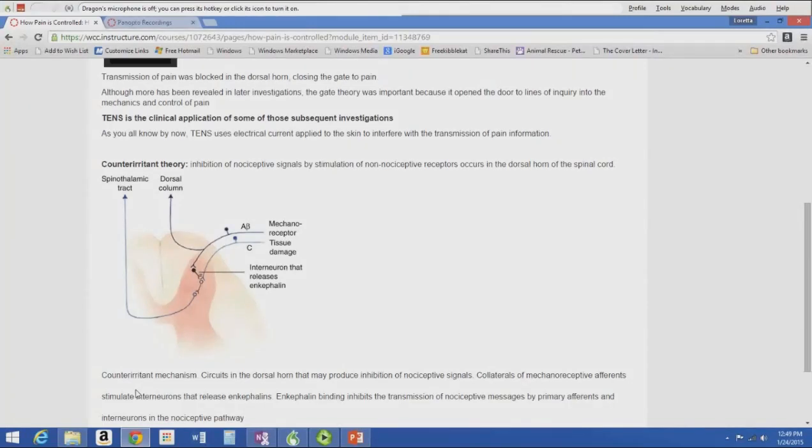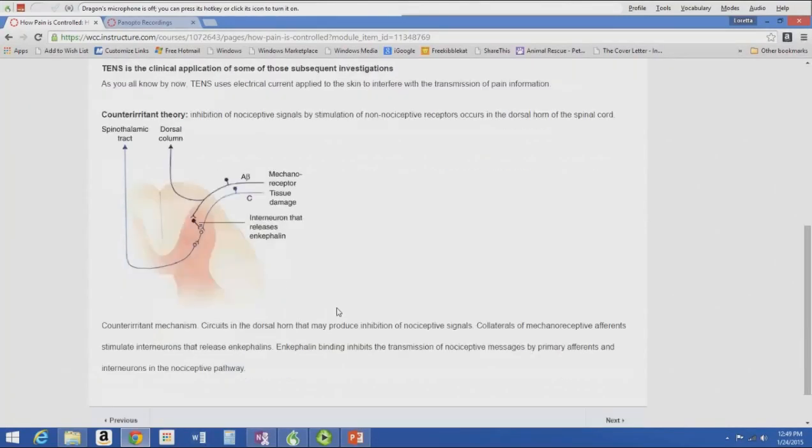So there's a little picture in the book that I like for talking about the counter-irritant theory. We have the mechanoreceptor, the A beta, that is coming into the dorsal horn. We have the tissue damage receptor, the C fiber, that's also coming into the dorsal horn. The C fiber is synapsing with a spinal interneuron or a second order neuron in the spinothalamic tract.